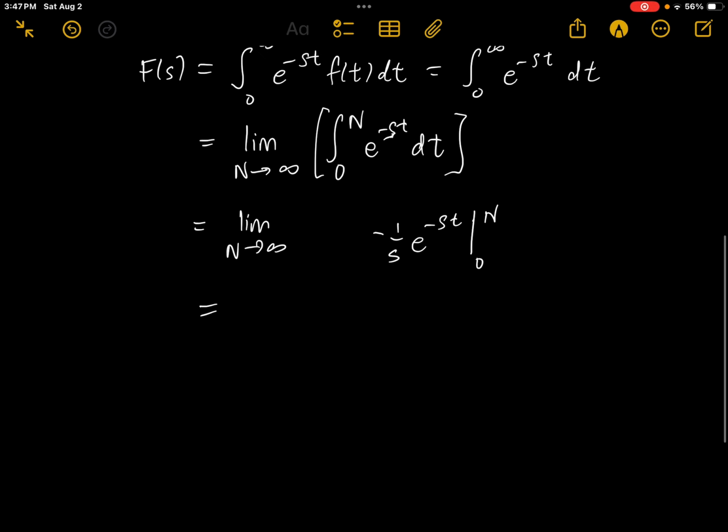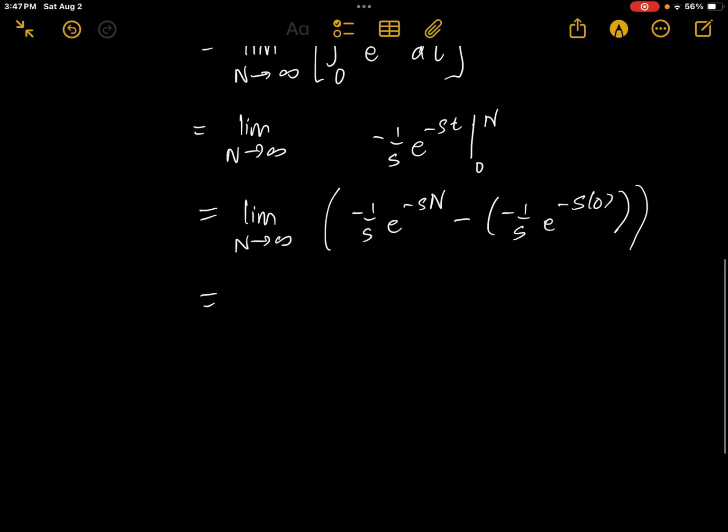Now what are we plugging in n and 0 into, s or t? We're plugging them into t because we're integrating with respect to t. So you're going to get negative 1 over s e to the minus sn minus negative 1 over s e to the minus s times 0.